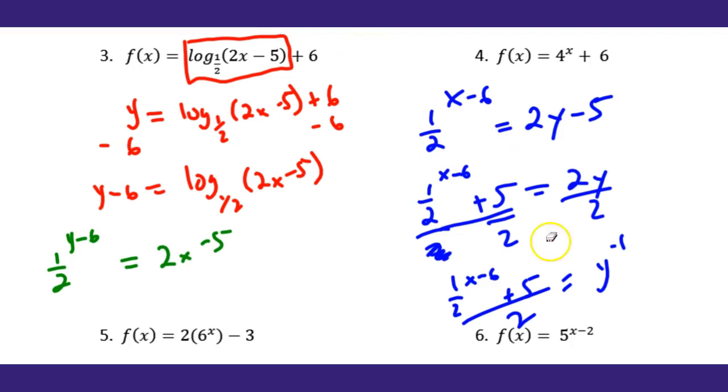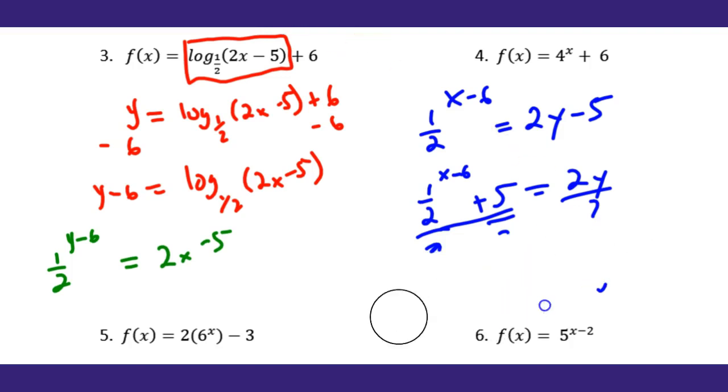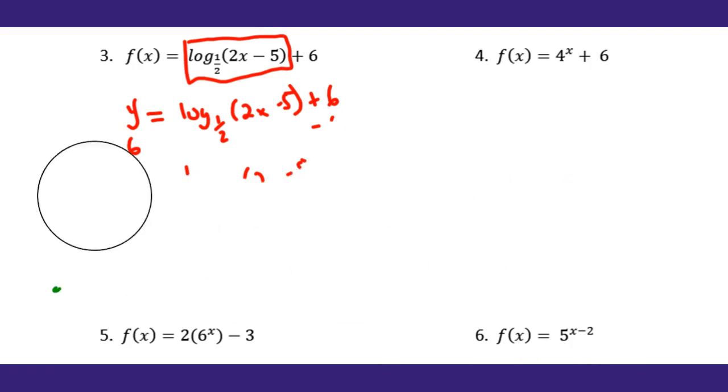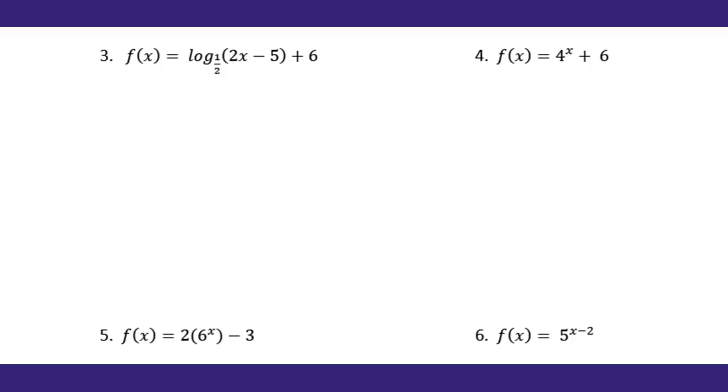All right, moving on. Let me clear out some space because I need it for the next problem. All right, for this one, we have y equals 4x plus 6. We'll just swap x and y. So you have x equals 4y plus 6.